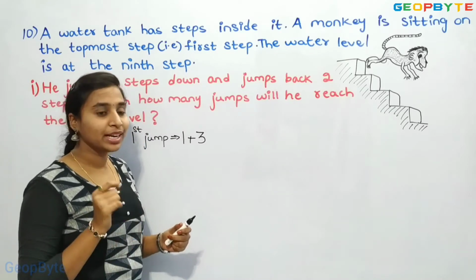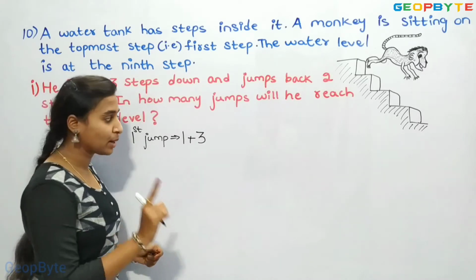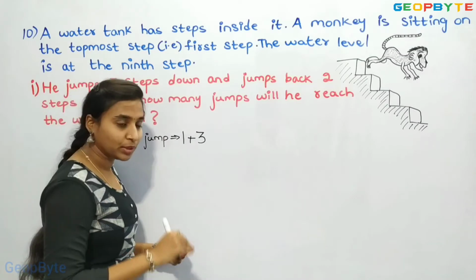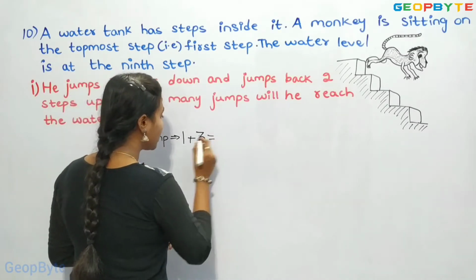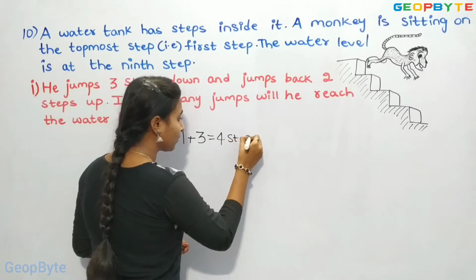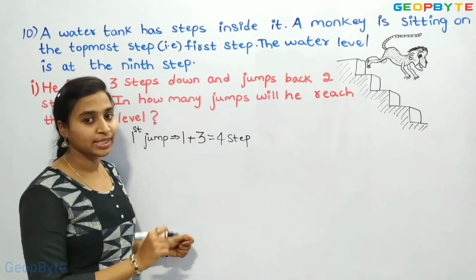It will be repeating like this. So, initially, in the first jump, he will be on the first step. Again, he will jump 3 steps down. That is 1 plus 3. He will come on to the 4th step. In the first jump, he comes on to the 4th step.